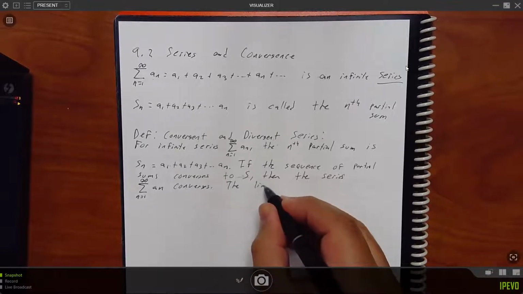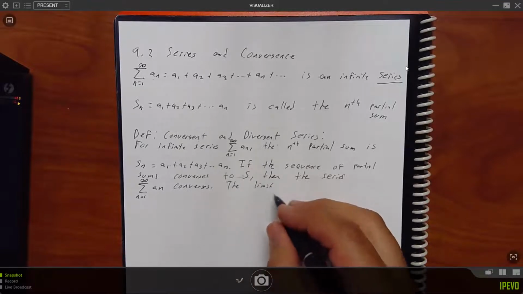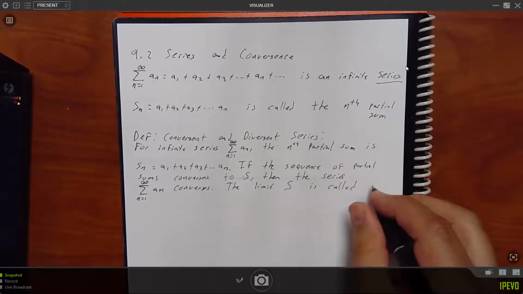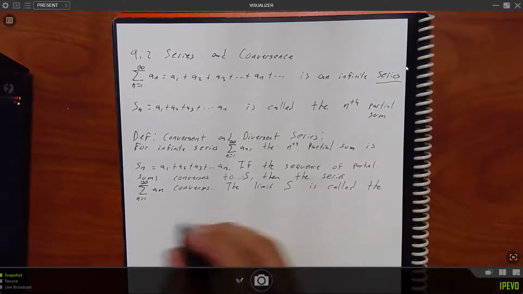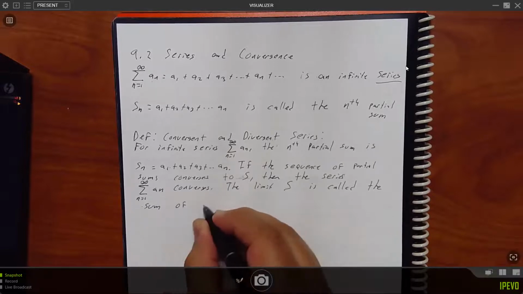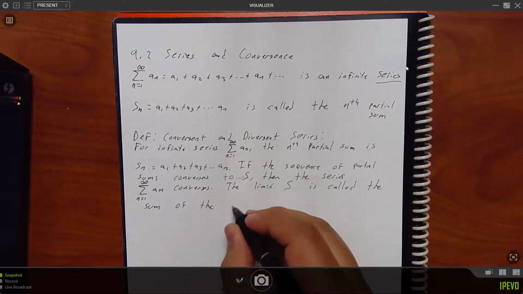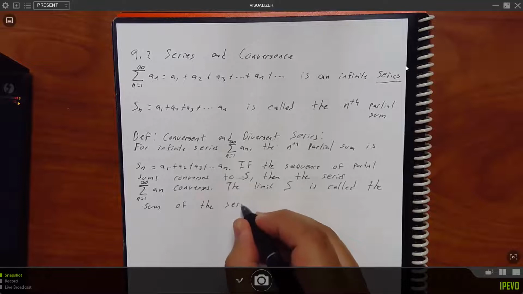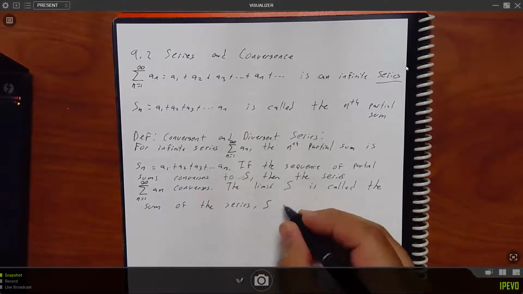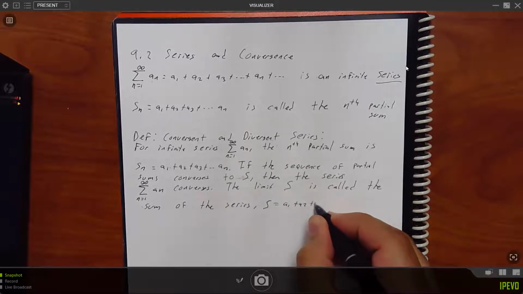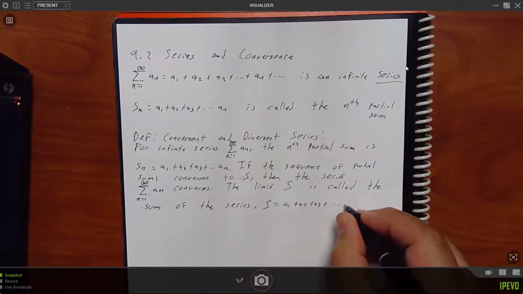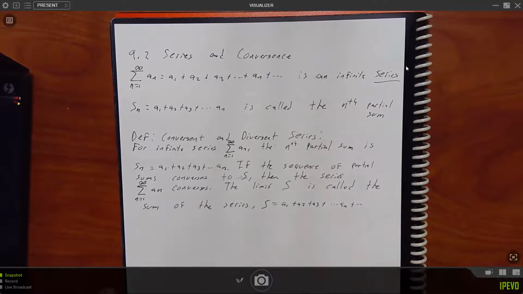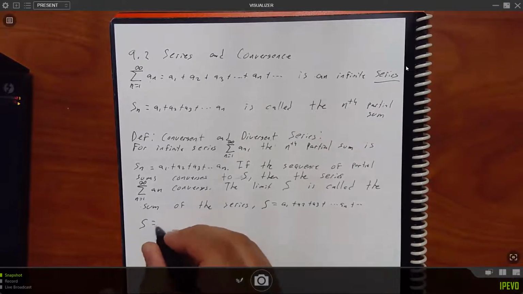So the limit S is called the sum of the series S, where S would be equal to, I'll put this in plain English in just a moment.